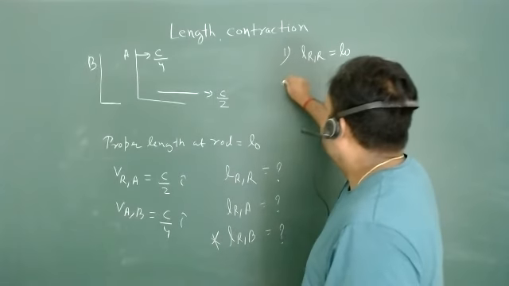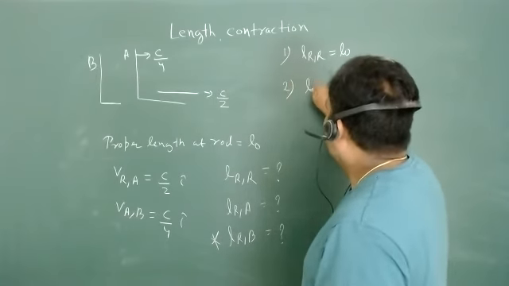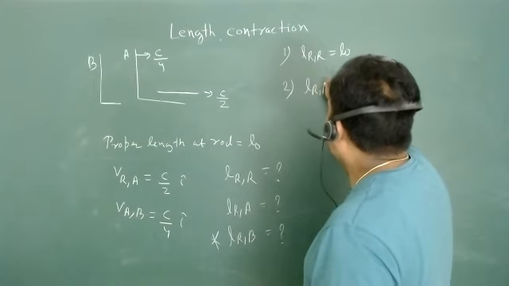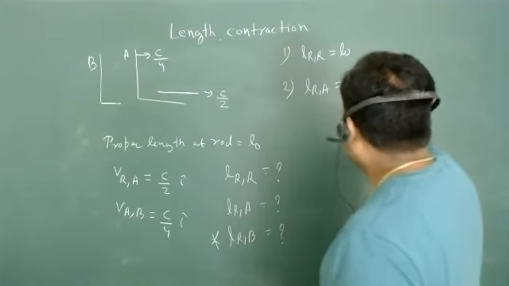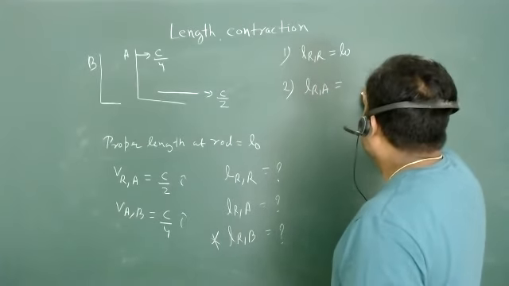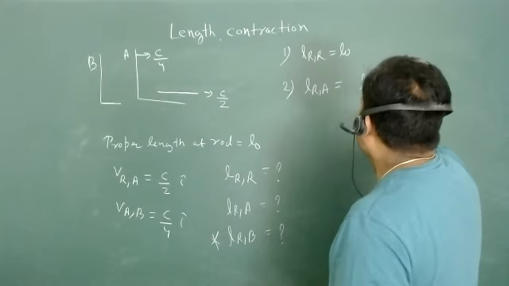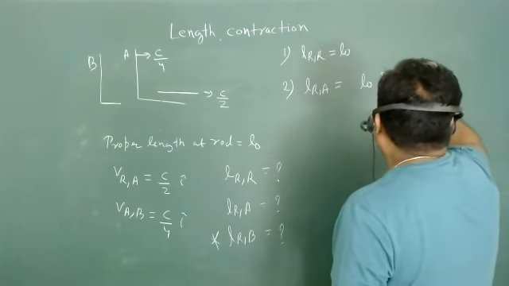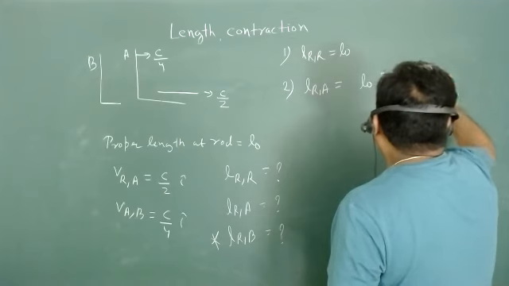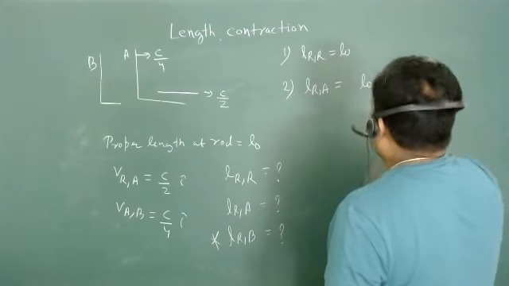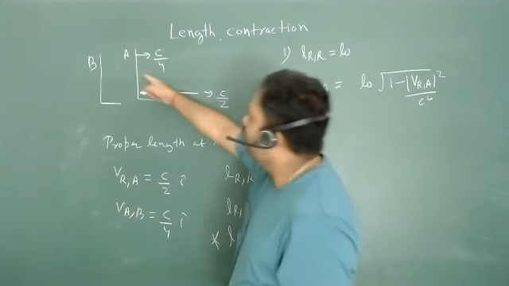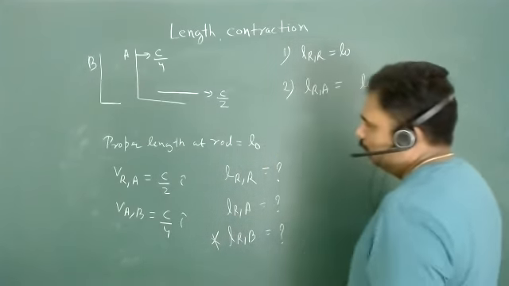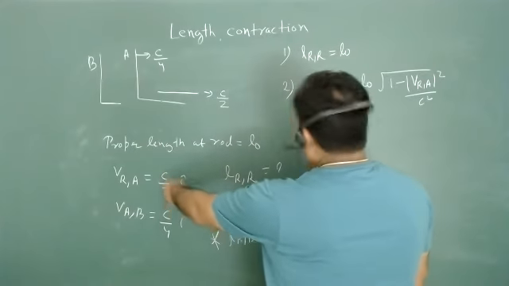Second question. Length of the rod with respect to A. So we have to write proper length times the square root of 1 minus the velocity of the rod with respect to A by c square. So what is the velocity of the rod with respect to A? C by 2.